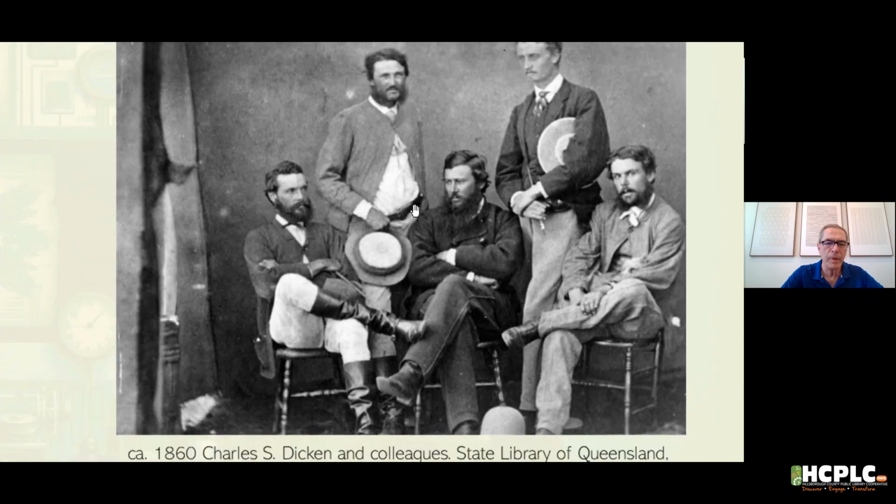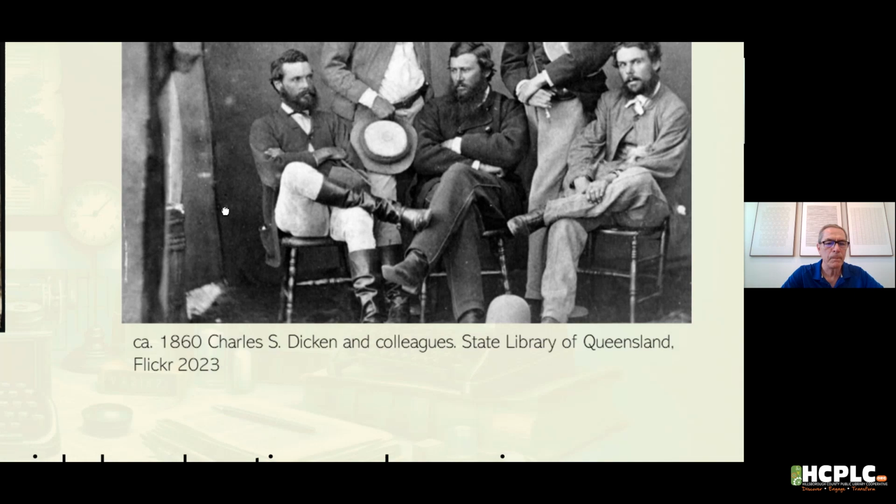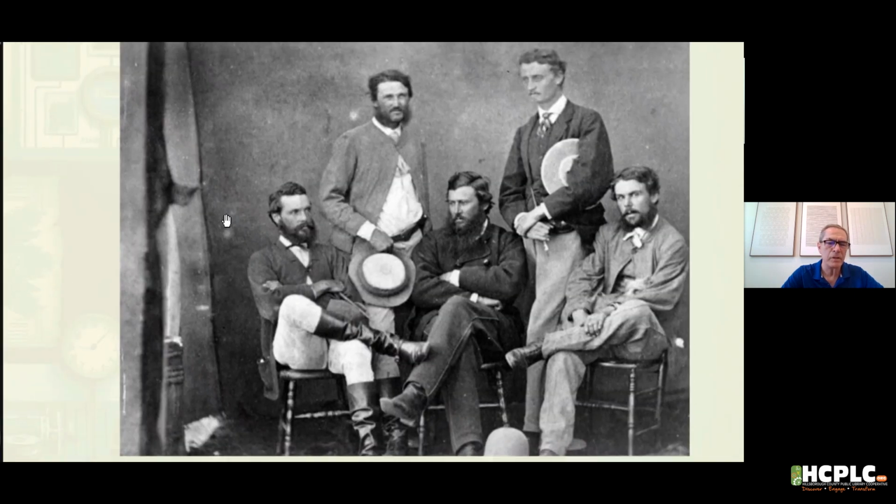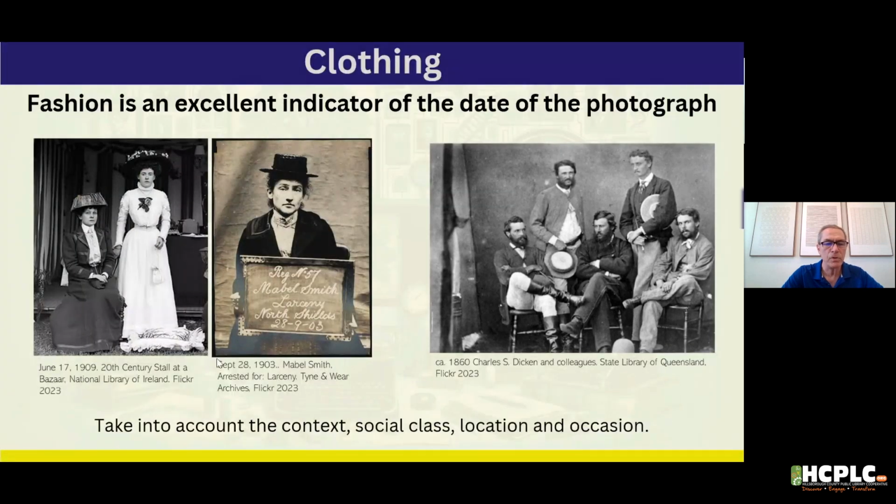So we do expect that you will see different kinds of clothing. And this is from a university. I think they're a university pose here. So we do need to be aware to take into account the social class, the location, and the occasion. It could be a wedding or something like that.